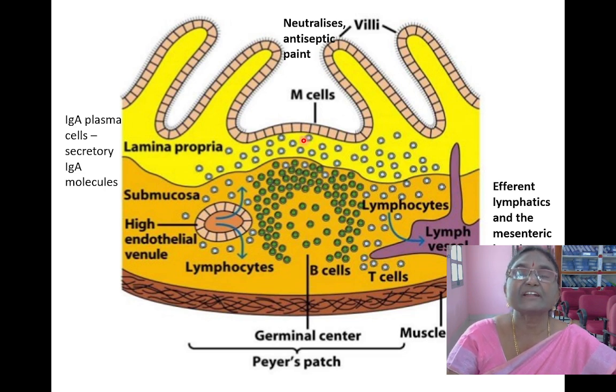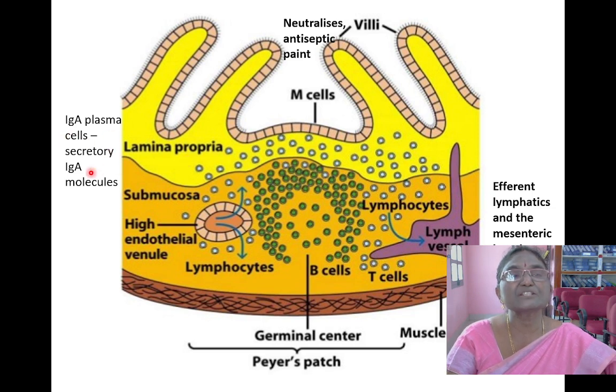So after the pathogen enters this region, these B cells enter into efferent lymphatics and the mesenteric lymph nodes. After that it reaches the thoracic duct and enters into the blood. After that, immediately it re-enters into the lamina propria. Here they get matured into IgA plasma cells.